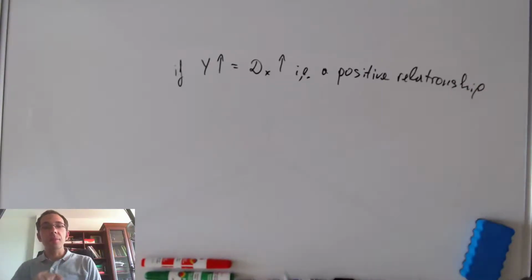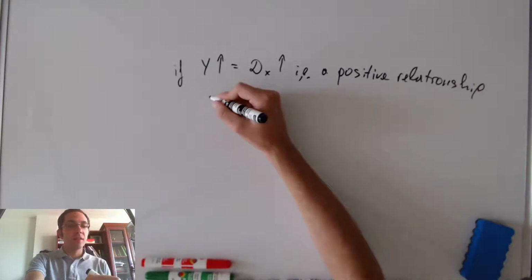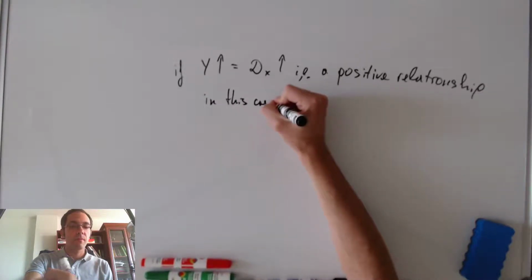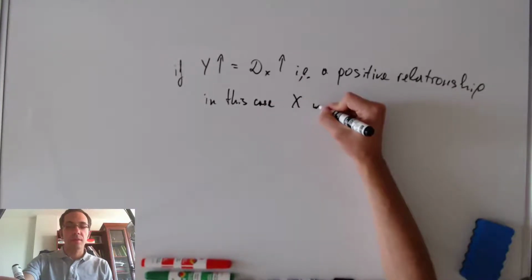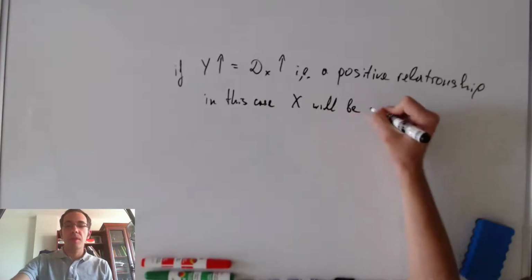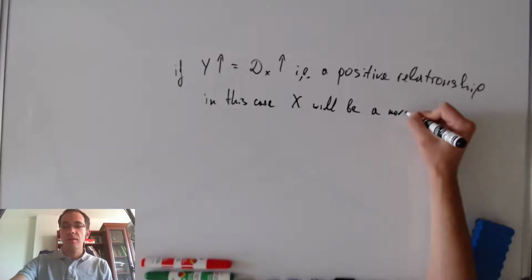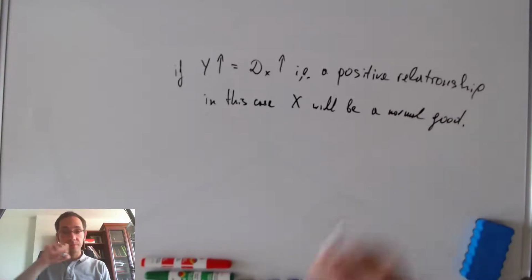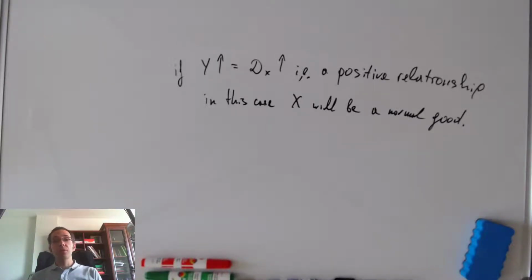Whenever this happens, we say that we are talking about a normal good. So in this case, X will be a normal good. So if you want to think of an example, pretty much everything follows this trend.